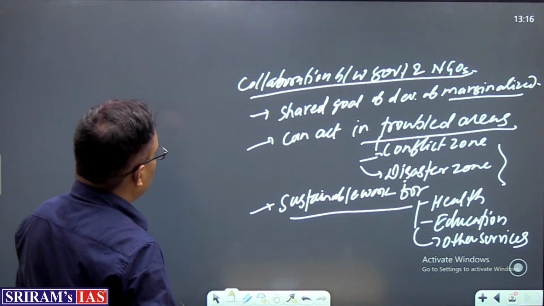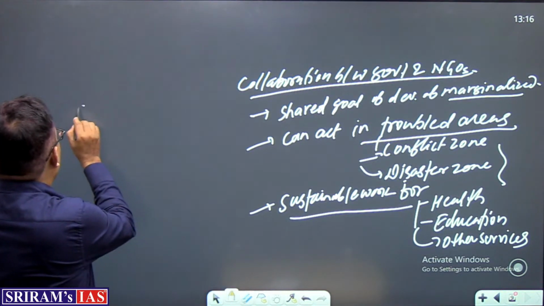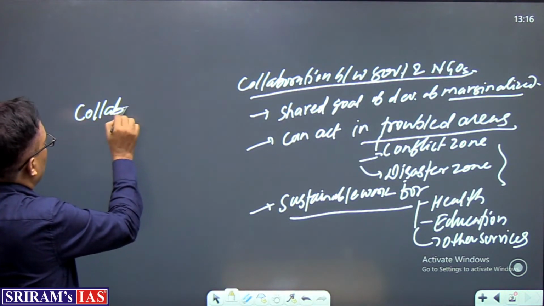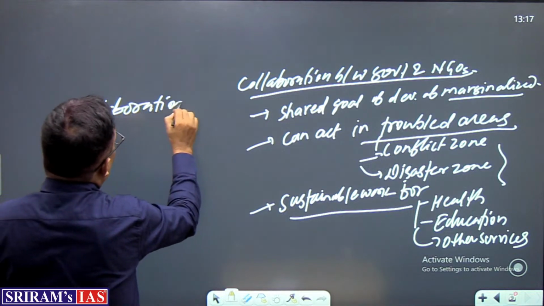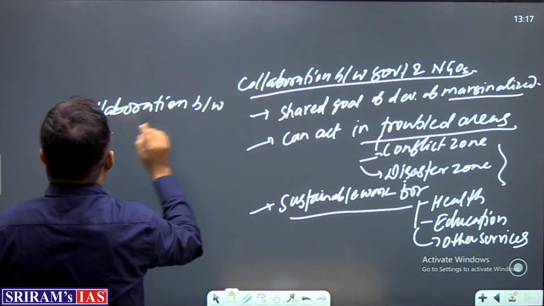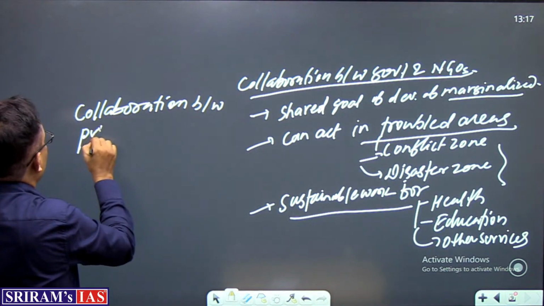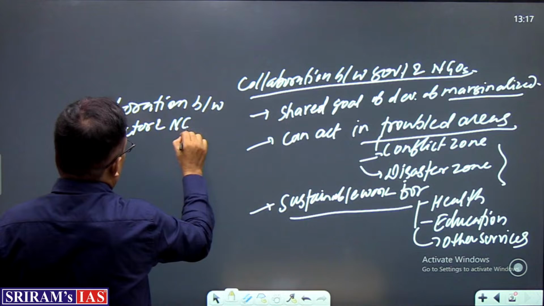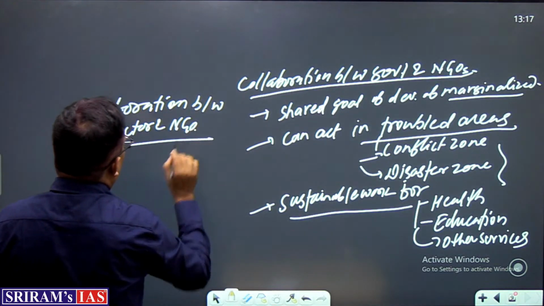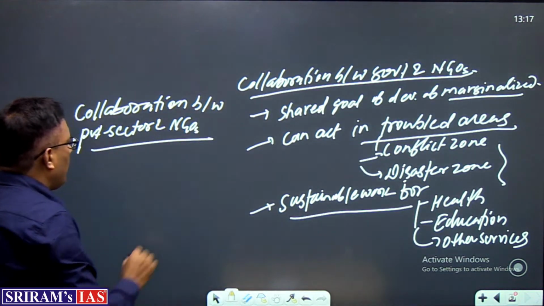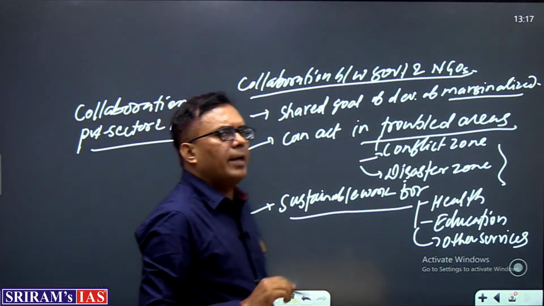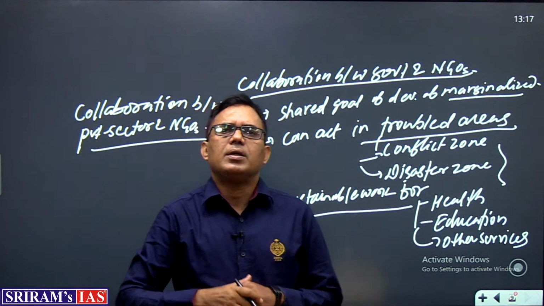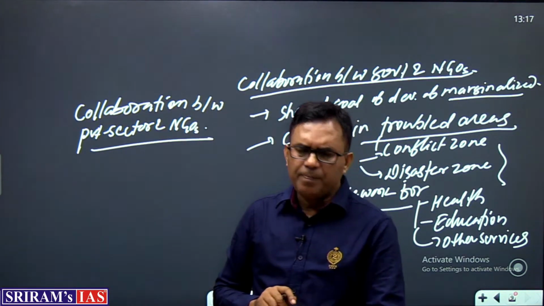Government, when we talk about the collaboration between the private sector and NGOs, this can also happen. Many times collaboration between private sector and the NGOs, it happens. Why it is there?